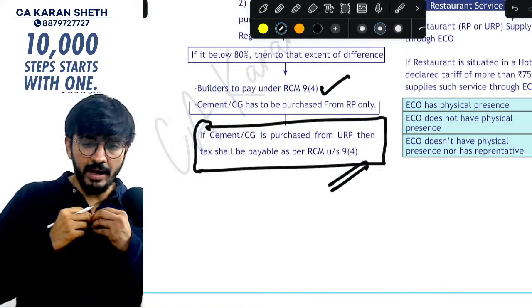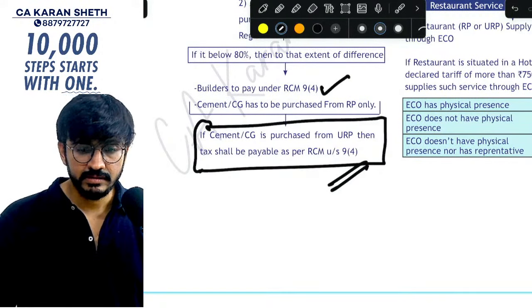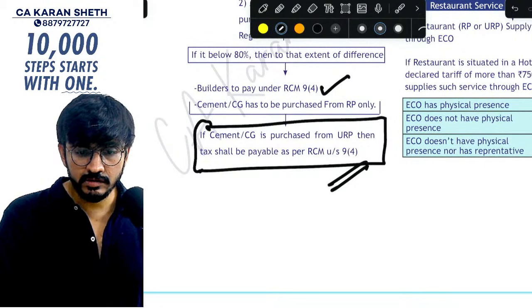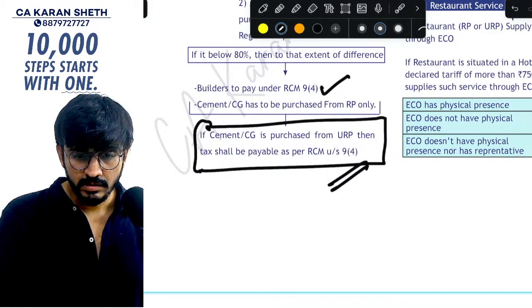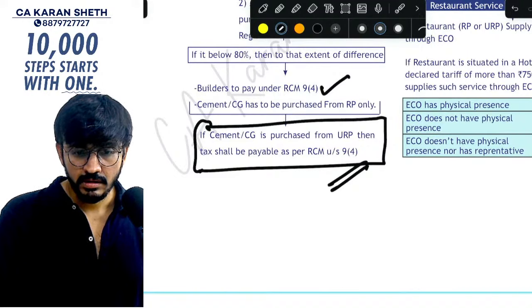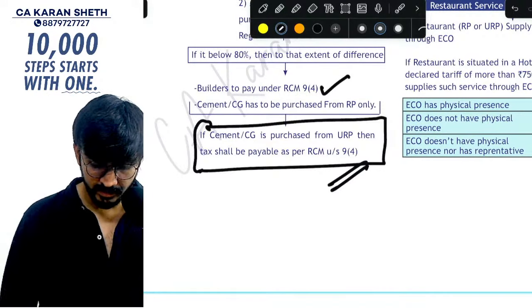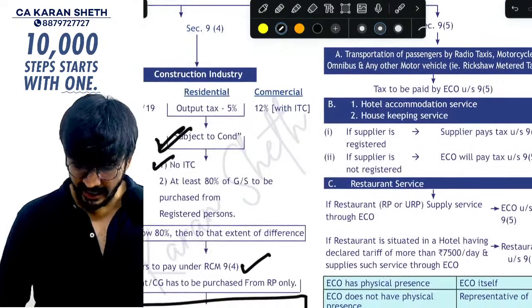Is this very clear, my dear friends? Kushal, Smith, Avni, okay, lovely.